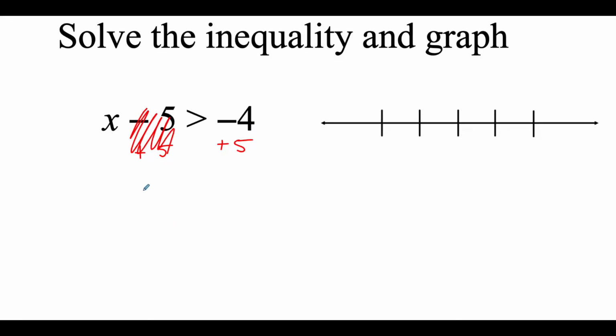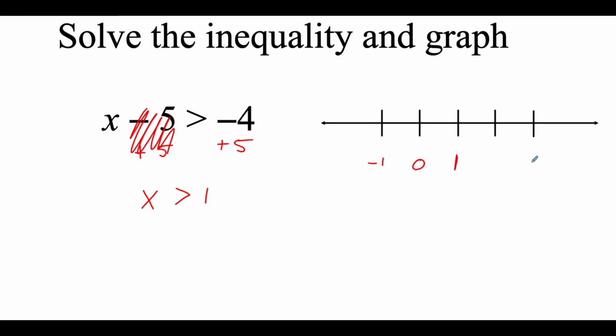So then if we do that, our inequality would say x is greater than. Now if we take -4 plus 5, that's going to give me 1. So we end up with the inequality x is greater than 1. Like I said before, I always like to put the number that I'm dealing with in the middle on my number line. If we go to the left, we want the numbers to get smaller, so I would go 0 and -1.